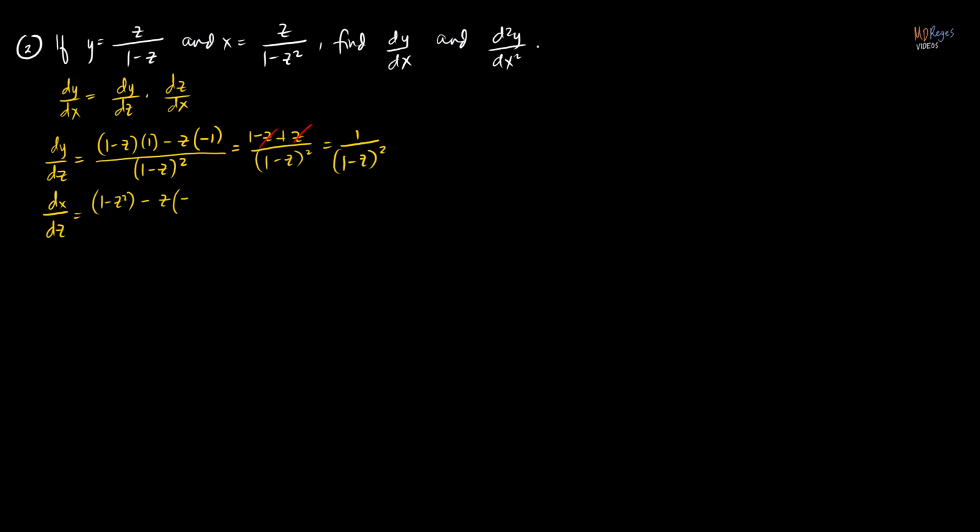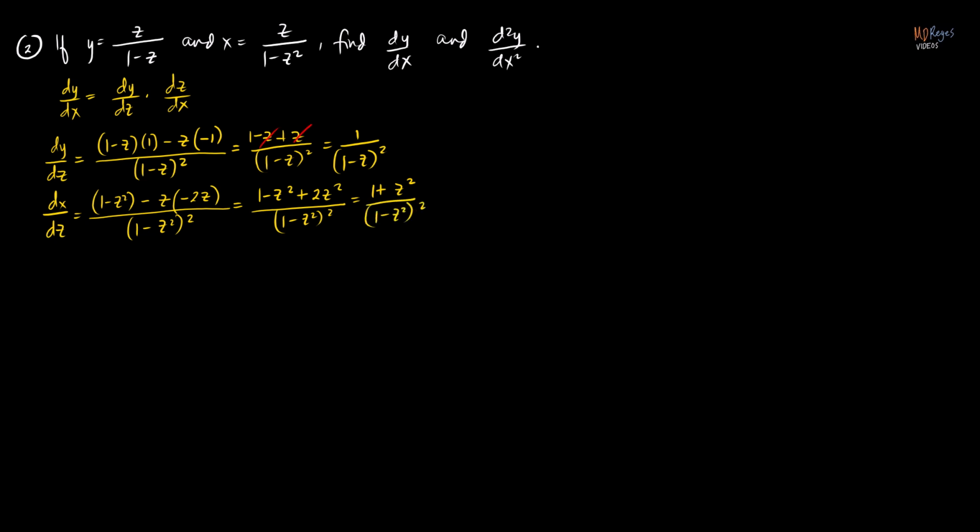So that's going to be negative 2z, all over (1 minus z squared) quantity squared. So simplifying, the numerator will have 1 minus z squared plus 2z squared all over (1 minus z squared) quantity squared. So upon simplifying, combining negative z squared and 2z squared, we'll have 1 plus z squared over (1 minus z squared) quantity squared.